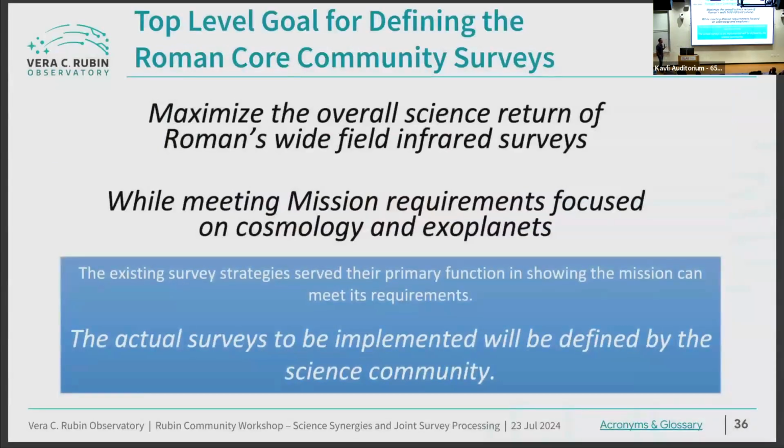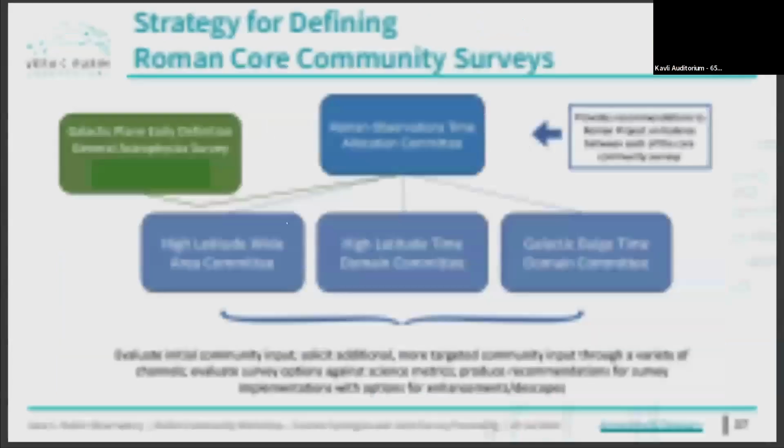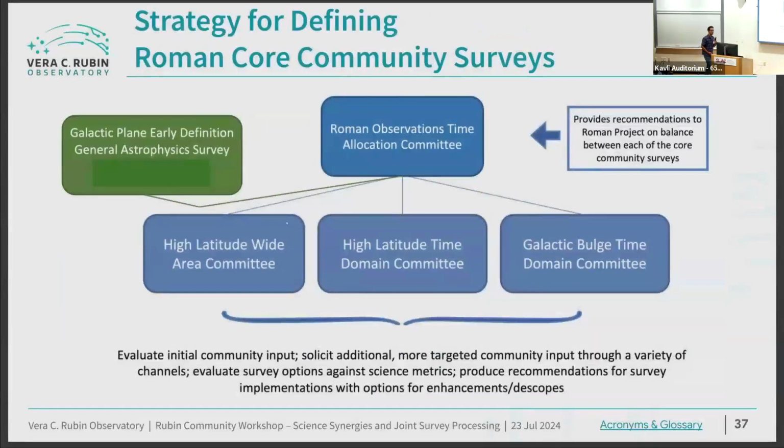The goal of the core community survey definition process is to accomplish the cosmology and exoplanet science goals, but also get input from the community so that we can design a survey that is also useful for many other things. And so what we did was we solicited input from the general community in terms of white papers and science pitches. 3 committees were constructed, 1 for each core community survey.